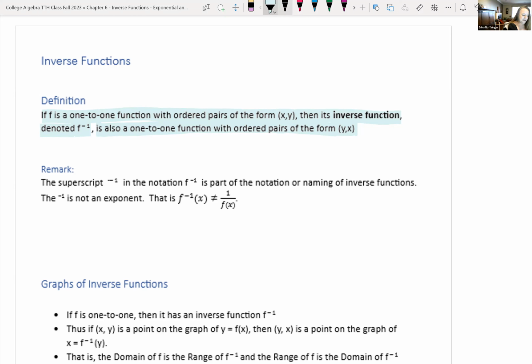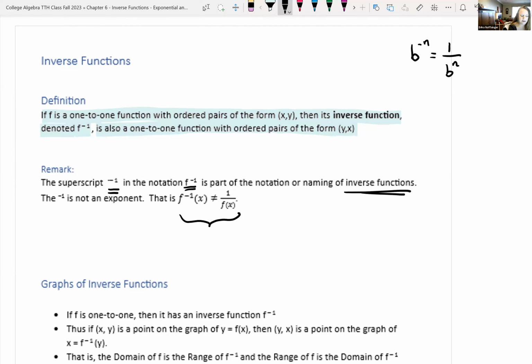So don't do this. The superscript -1 in the notation f inverse looks like it's raised to the -1, but it is part of the notation for naming the inverse function. That is not an exponent. Remember, back in algebra, if you had negative exponents, we could make them positive by bringing them from the numerator down to the denominator.